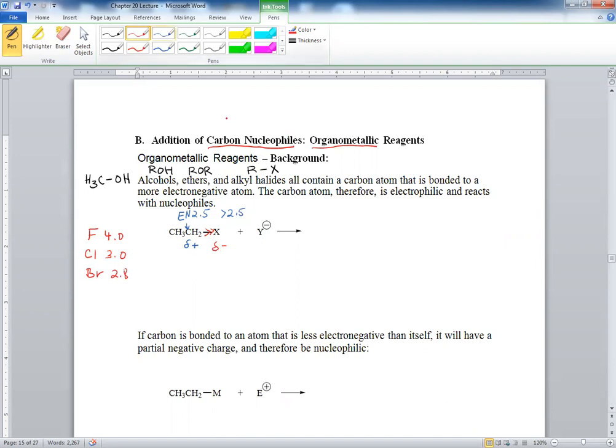So therefore, we say that this carbon right here is an electrophilic carbon.